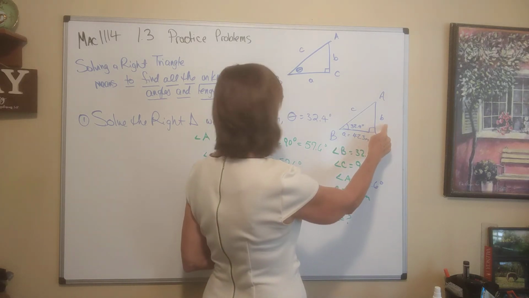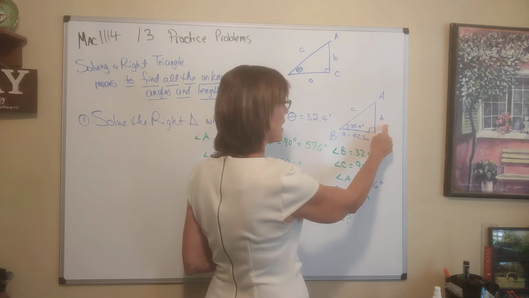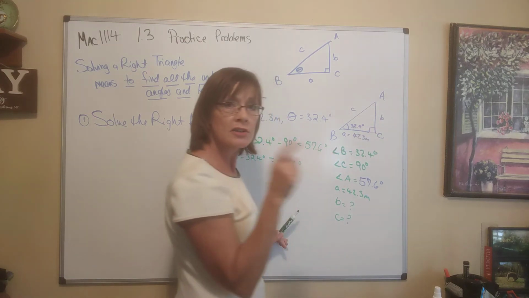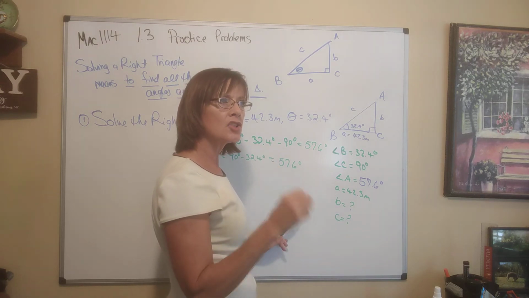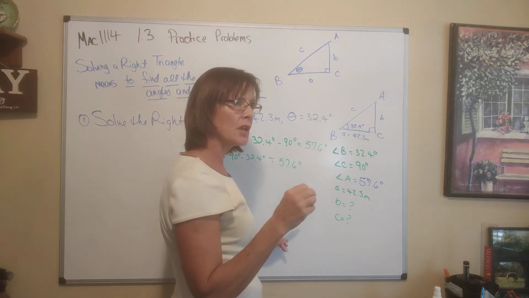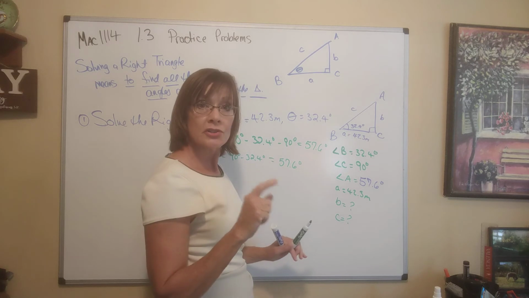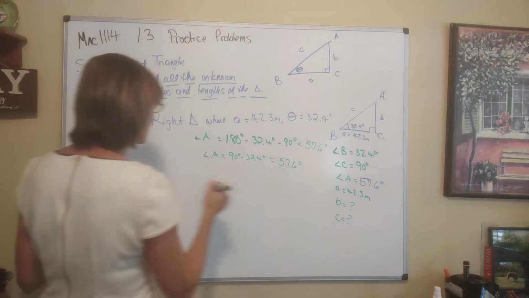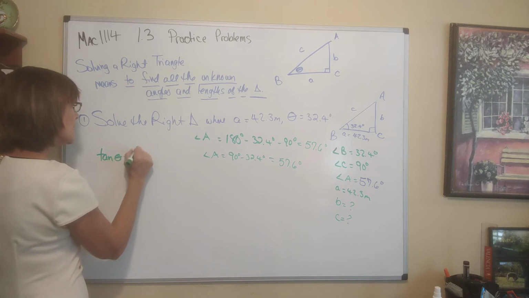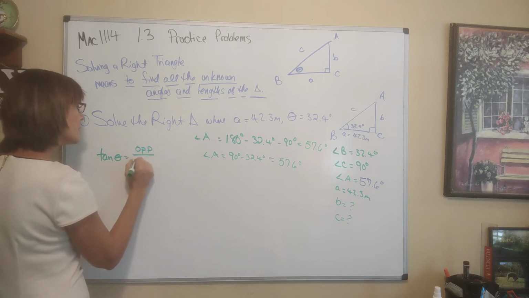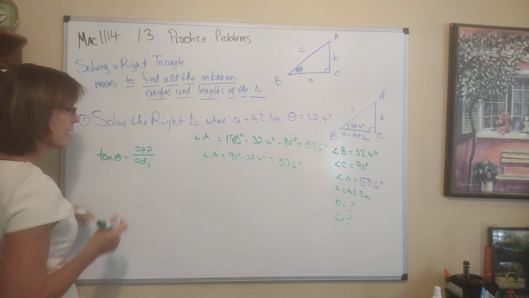I do not know the side opposite, and I need to know that. What is a trig function we have heard of that involves opposite and adjacent? If you look on your sheet, you can figure that out pretty quickly: the tangent of some angle is opposite over adjacent. So SOHCAHTOA can help you figure that out.